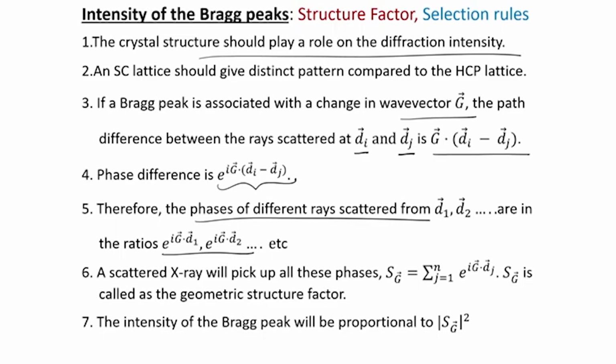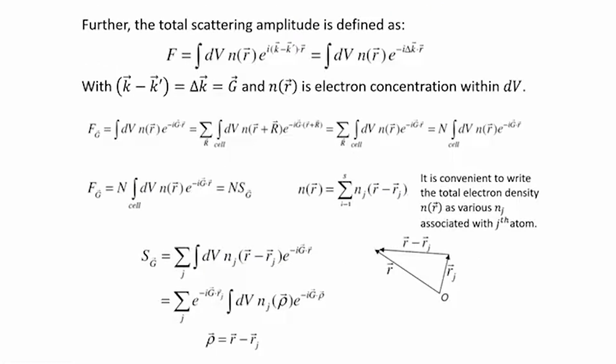A scattered X-ray will pick up all these phases, and we get what is called the geometric structure factor, expressed as a sum of all these phases. The intensity of the Bragg peak would be proportional to the modulus squared of S g, and that will be the height of the output spectrum in an X-ray diffraction experiment.